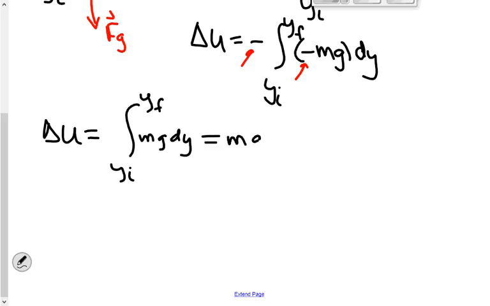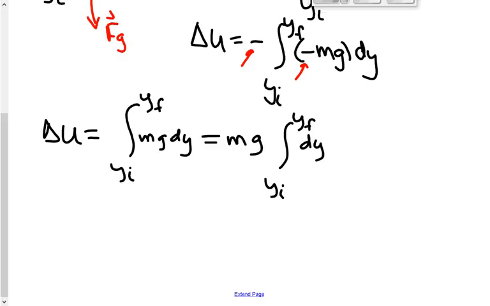I can pull out the mg because it's a constant. And although we haven't talked about it before, integration is really the inverse operator of differentiation.